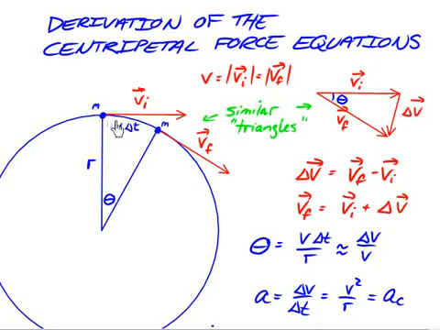The distance along the curved path of the circle that the ball has moved is v delta t, speed times the time. Now here we have a triangle. Now this side here is curved. It's the curved edge of the path of the ball, the circle.